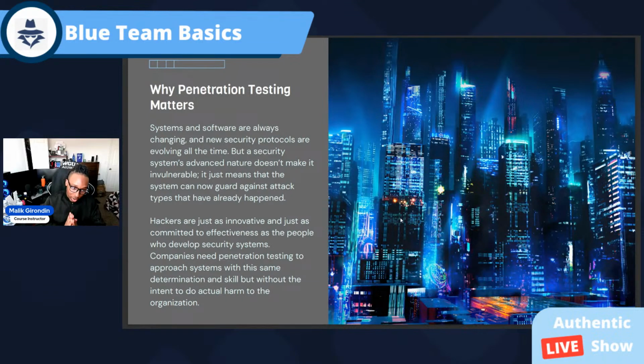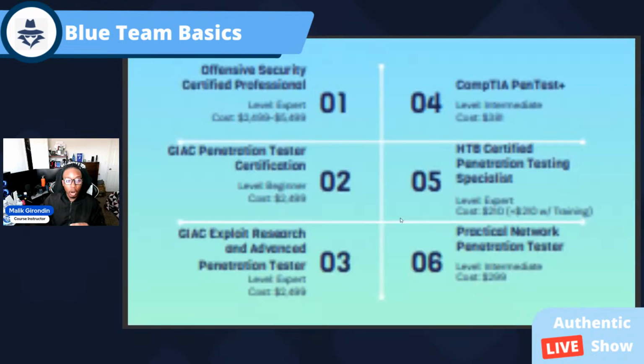Hackers are just as innovative and just as committed to effectiveness as the people who develop security systems. And my final message, companies, you need to take cybersecurity seriously. It's getting rough out here. We're all eligible to get hacked, but it's better to lessen the blow, lessen the damage. Don't give these hackers too much wiggle room, make sure your security posture is up to par.